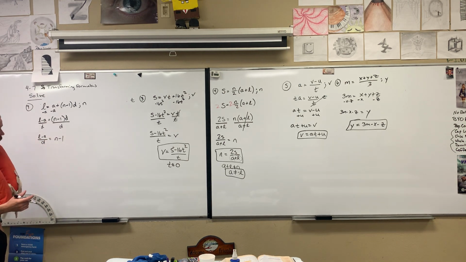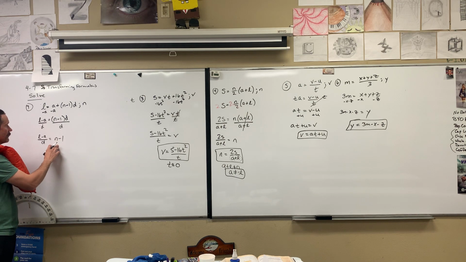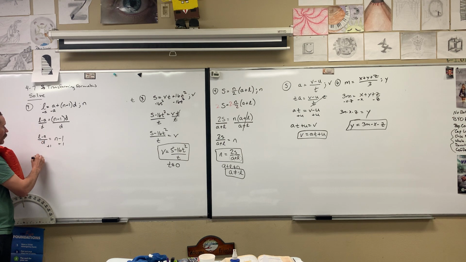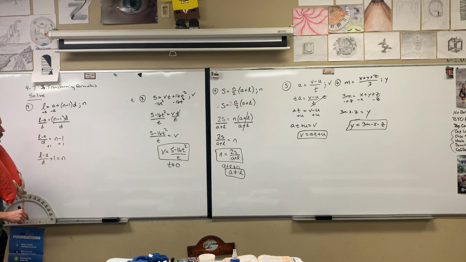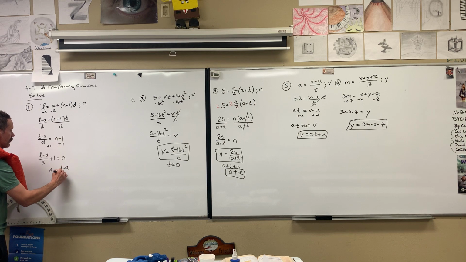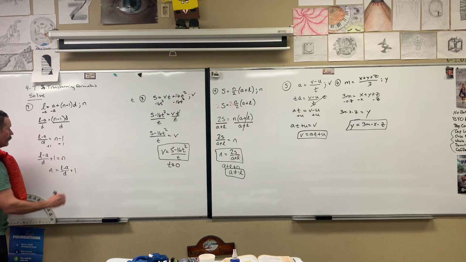And now our final step would be just add the 1 over. And since this is a fraction here, when we add the 1, it's going to be (L minus A) over D plus 1 is equal to n. And we rotate it around, n is equal to (L minus A) over D plus the 1.